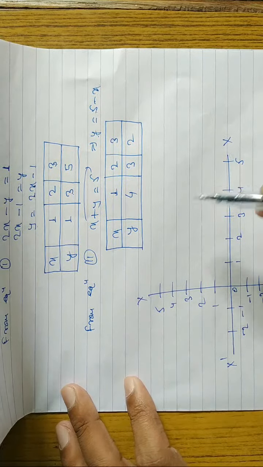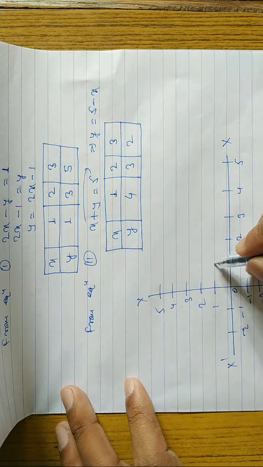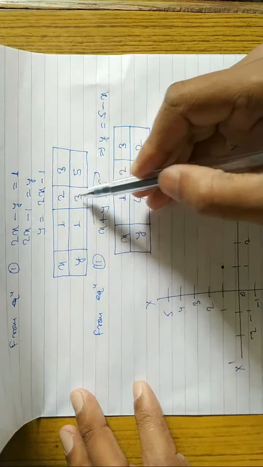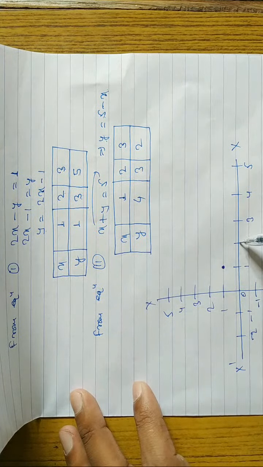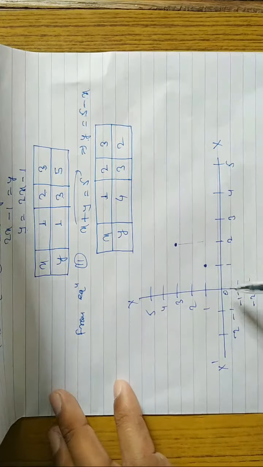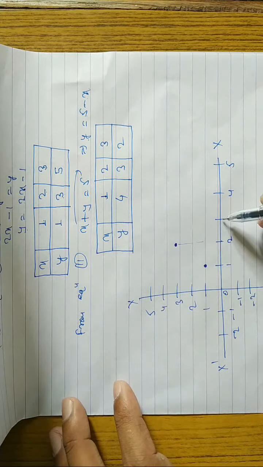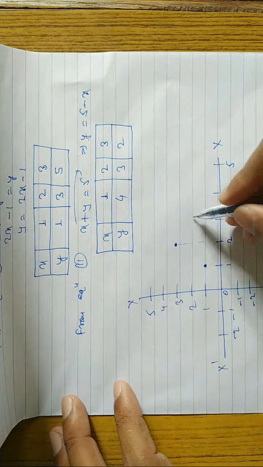Okay. Now first we have to take x-axis, then y-axis. First x-axis 2, then y-axis 3. So this point. Now 3, 5. First x-axis 3. Always we have to take x-axis first. 3, then 5, and for 5 we have to go up.